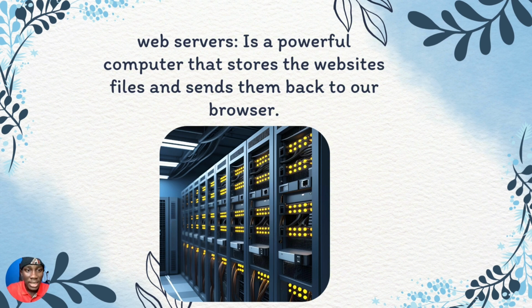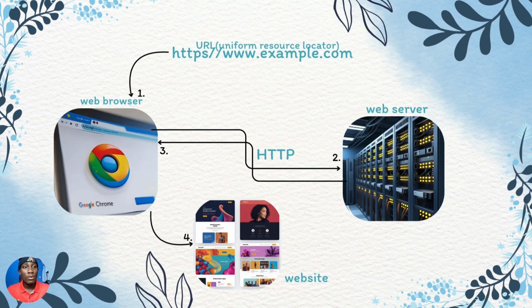Since we have now understood all the concepts, let me try and explain. Let's start by pasting a URL into your favorite web browser. Once you do that, the URL, which is a uniform resource locator, is now in the web browser.